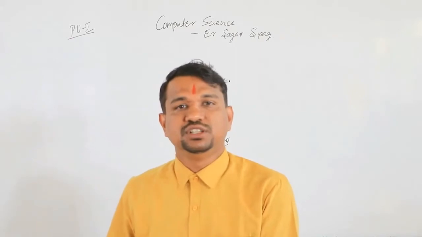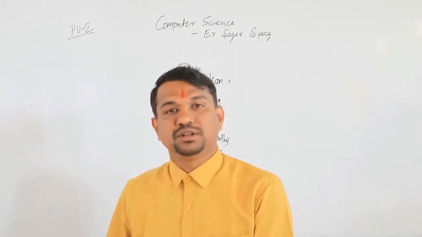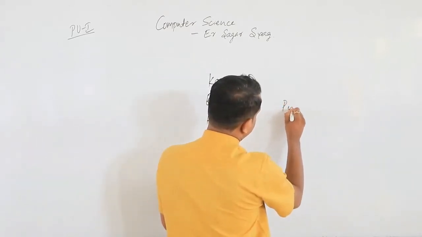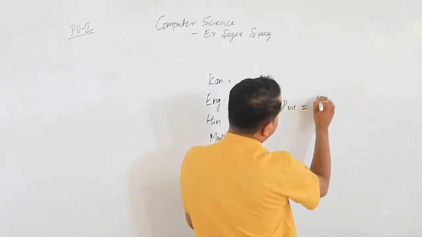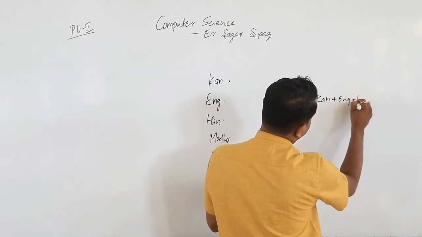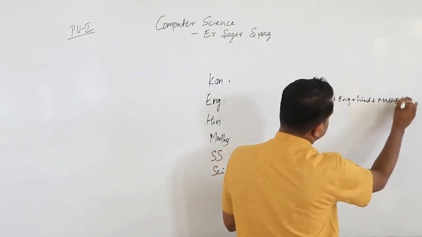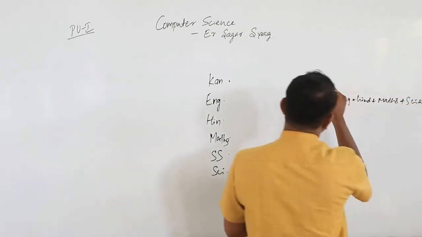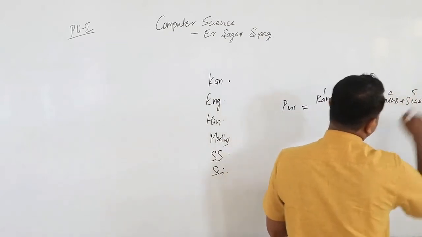So what is the procedure to calculate percentage of a program? Sorry, percentage of the marks. That is percentage is equal to Kannada plus English plus Hindi plus maths plus science plus SS. 1, 2, 3, 4, 5, 6.